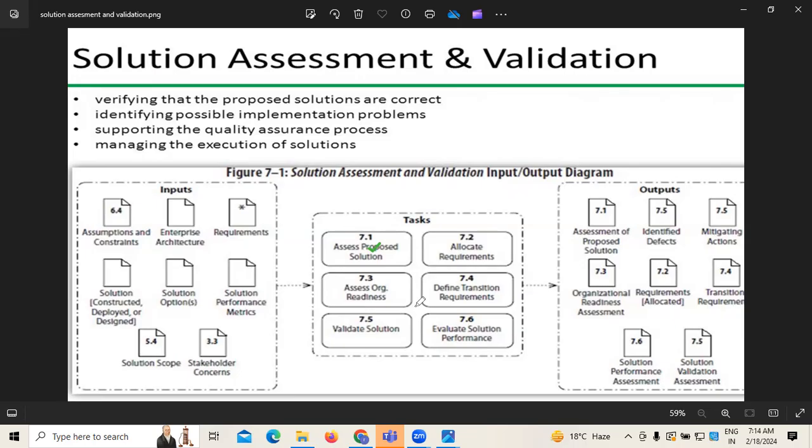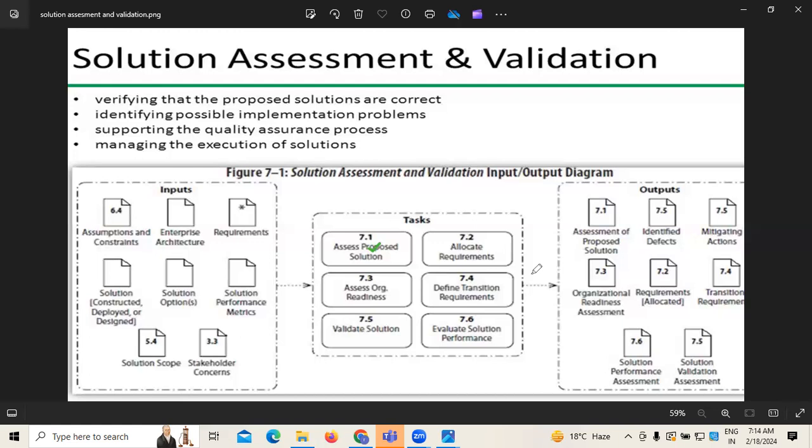Next, we need to define the transitional requirements, because as I told you in the beginning, when I explained the BRD document, transitional requirements means transitioning from existing state to target state. Existing is nothing but the as-is, the traditional point of sale system. Target state is nothing but the to-be proposed one.